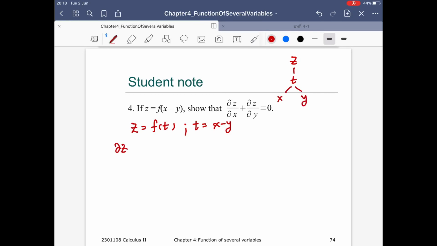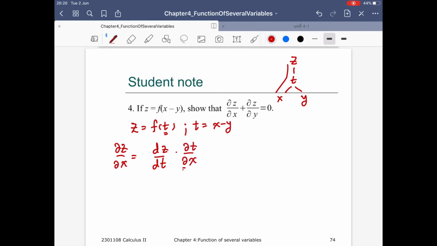If you need to find dz by dx, it goes through the t and then to the x. So instead of writing it this way, because your z is a single variable, we are going to use a straight d. So it is dz by dt, and then dt by dx.